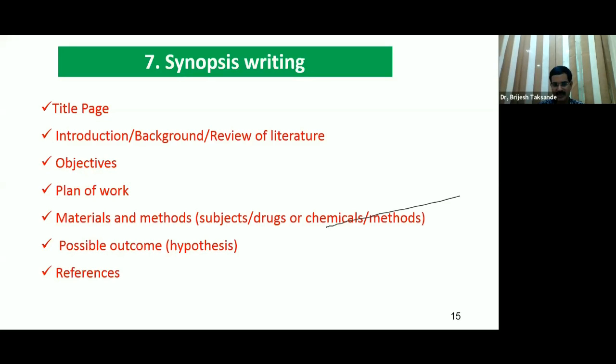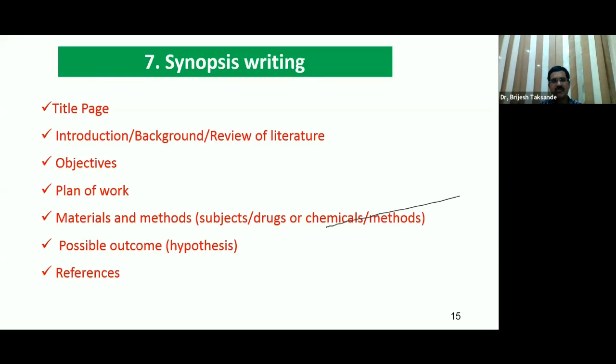There should be a mention like, we speculate that, or we hypothesize that this would be the possible outcome of the particular research program. And ultimately you have to give the references, either in the Harvard style or maybe in the Vancouver style. It is not necessary to give the references in only one format. You can change it according to suggestions from your guide or after discussion with your supervisor.